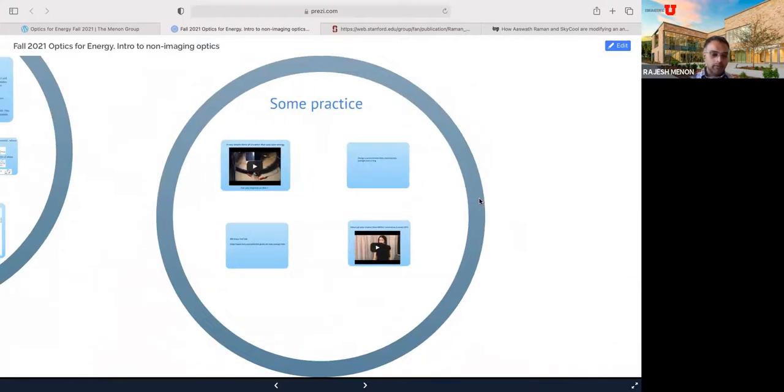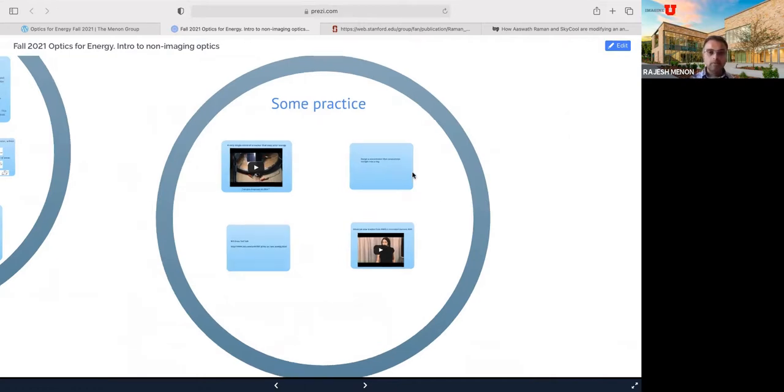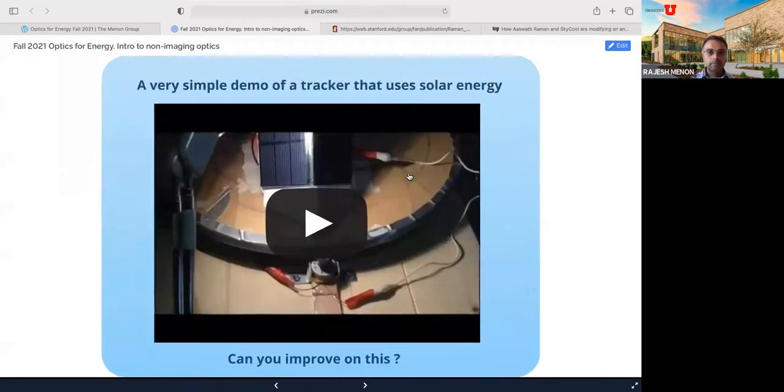Now, I want to spend a little bit of time thinking about some practice problems. First, I want to show a very simple demonstration of a tracker that attempts to use solar energy.